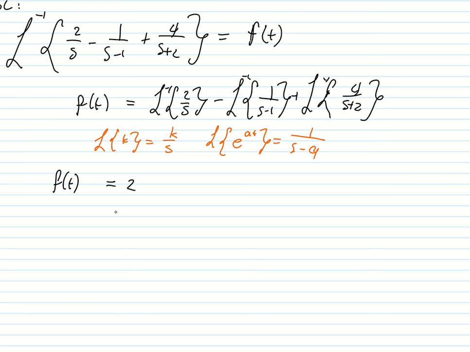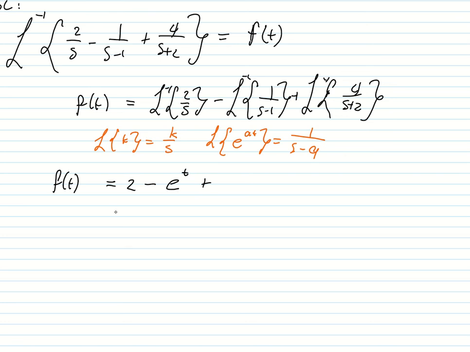If you take the Laplace of 2, that will result in 2 over s. Then minus 1 over s minus 1: this should be e, where your a here is 1, so raised to 1 times t. If we take the Laplace again of e raised to t, it will result in 1 over s minus 1.